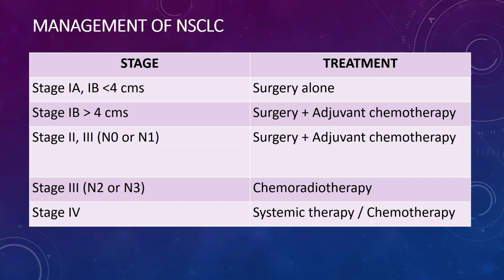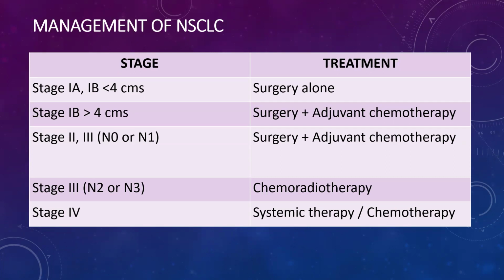Again, if you have a stage 1A or 1B less than 4 centimeters, then surgery alone will be done. If it's 1B that is more than 4 centimeters, we do surgery followed by adjuvant chemotherapy. The stage 2 or 3 with N0 or N1 involvement, so that's 2A, 2B, and 3A, we can do surgery followed by adjuvant chemotherapy.